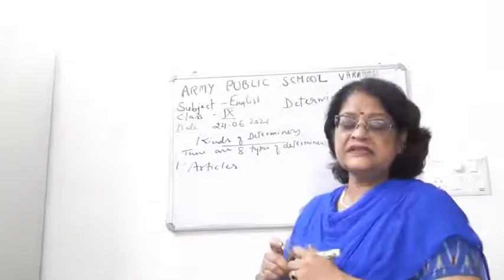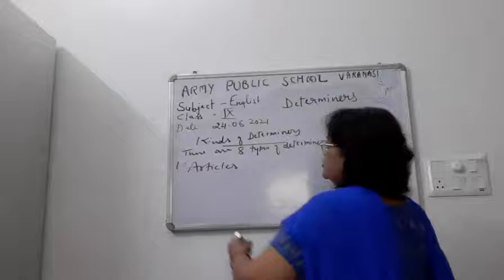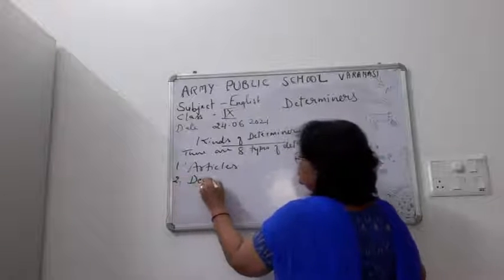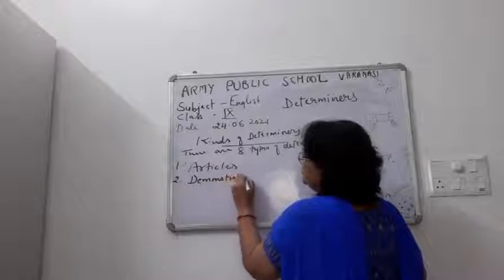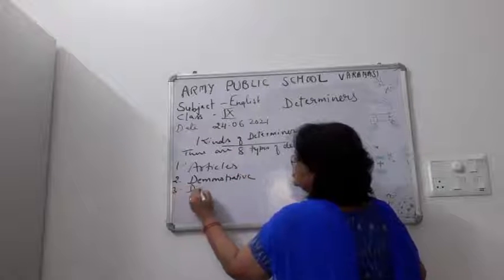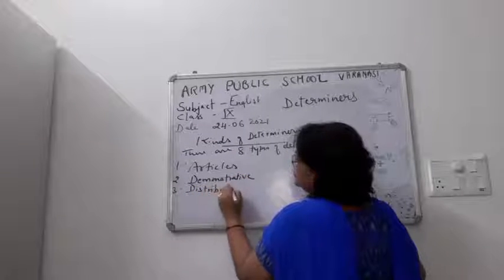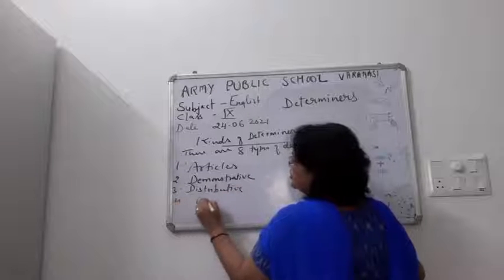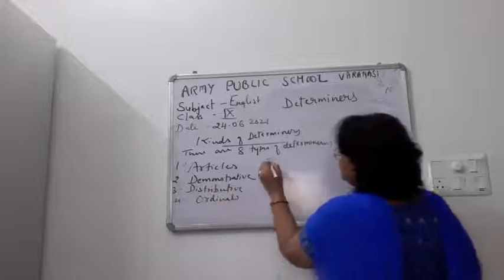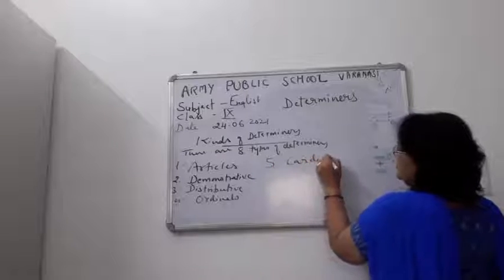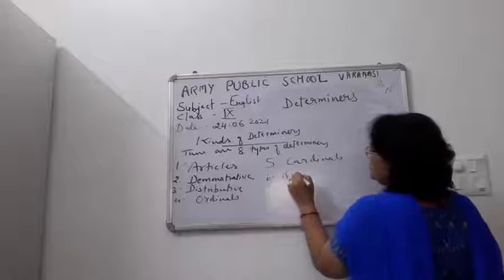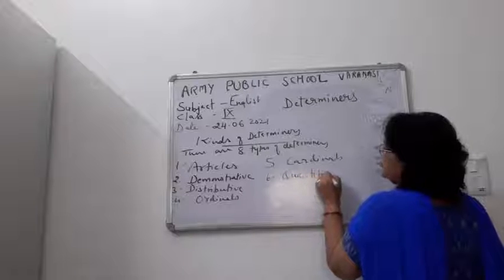We have already discussed this: there are 2 types of articles, one is the definite article and the other is the indefinite article. Once again I will be discussing it with you. Second is the demonstrative determiner. Third is distributive determiner. Fourth is ordinals. Fifth is cardinals. Sixth is quantifiers.